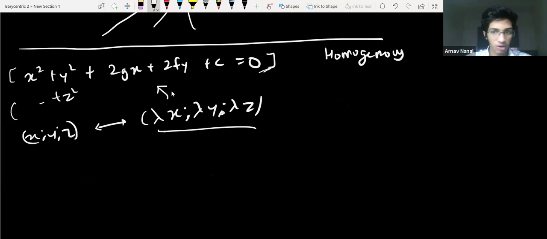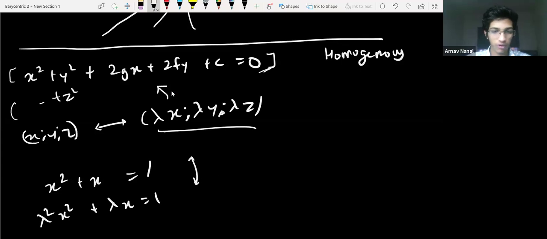But if you have a non-homogeneous equation, like x square plus x equal to 1 or something like that, then if you multiply by any lambda, you get lambda square x square plus lambda x equal to 1. Clearly this won't hold for all values of lambda, right?